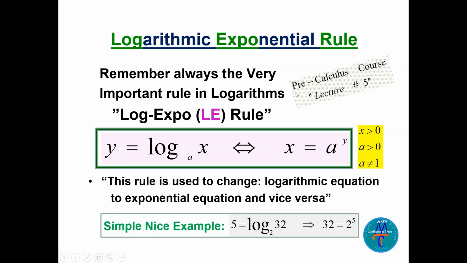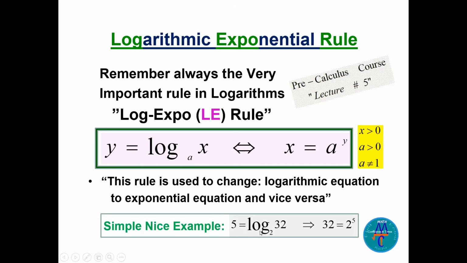Now this is the logarithmic exponential rule. Just I put it here as a reference. This is from lecture number 5. If you have any logarithmic form here, you can convert it to exponential. So if you have y equals log base a of x, directly you can write x equals a to the power y. Also, if you have x equals a to the power y, you can go directly and write it in logarithmic form, y equals log base a of x.